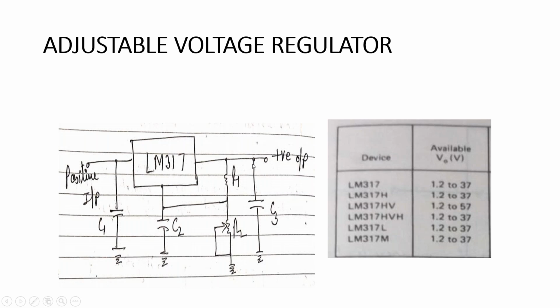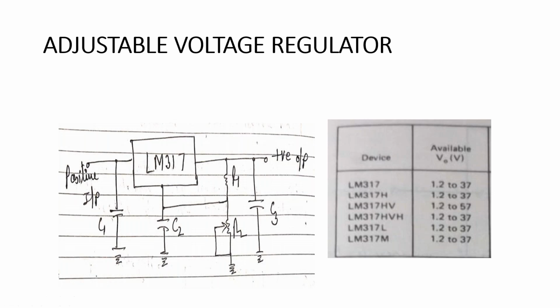It can be operated over the range of voltages from 1.2 to 37. These are the series of LM317 regulators, IC series. These are the adjustable voltage regulators giving different range of output here.